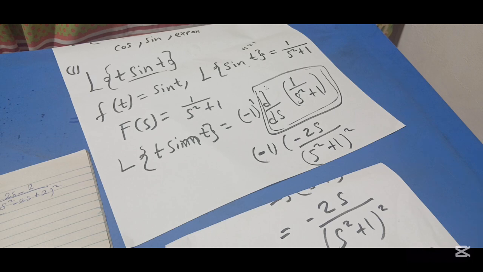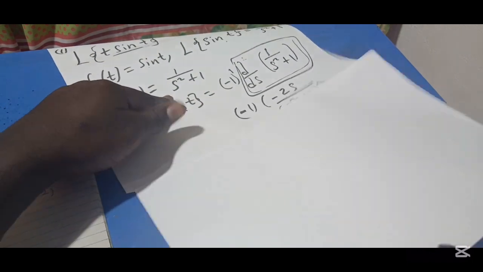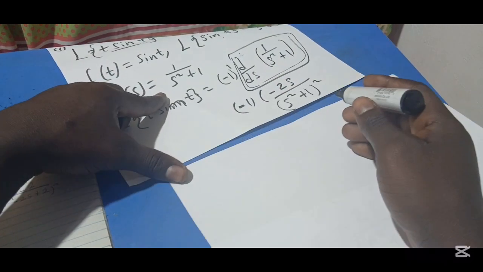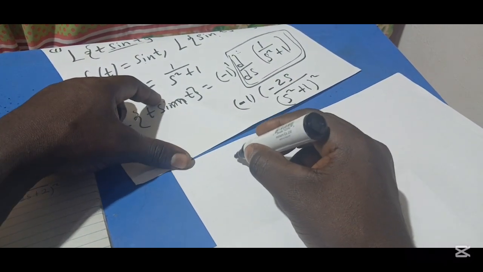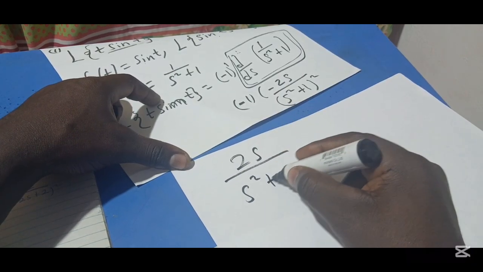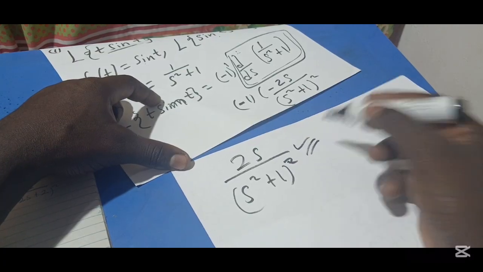So at the end of the day, we have minus 1 multiplying minus of this, which gives a positive: 2s all over s squared plus 1 all squared. So this is our final answer for this problem.